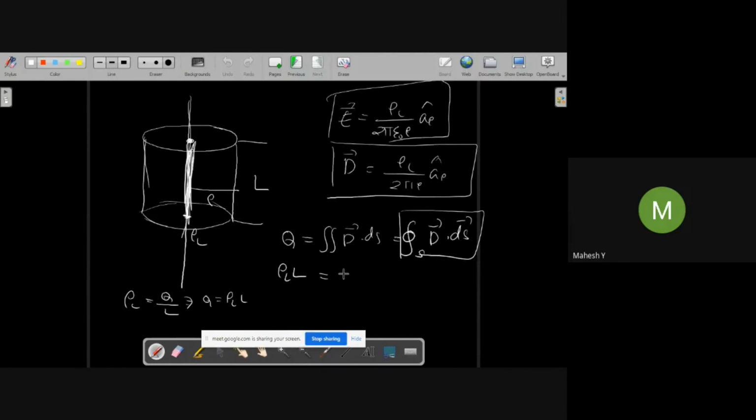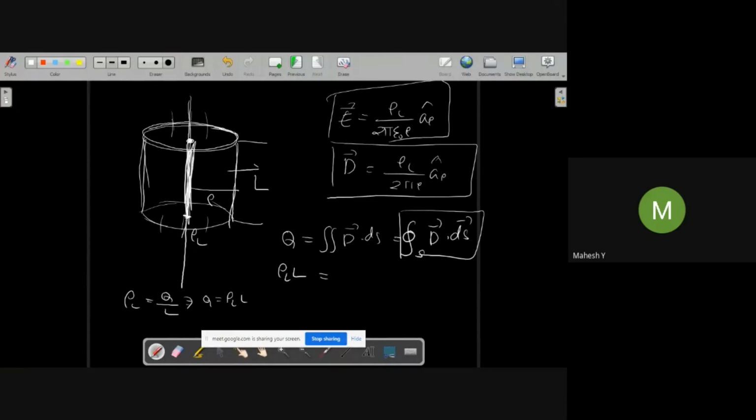So I have to find the closed integral. I have to integrate on the curved surface, and on the top surface as well as the bottom surface, right?